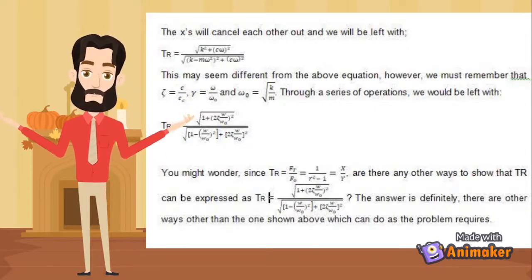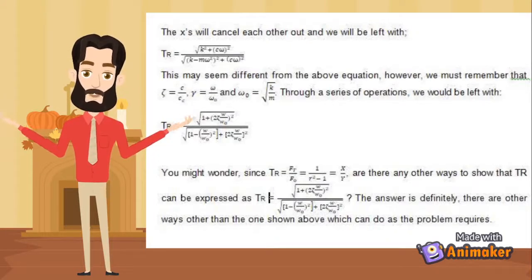However, we must remember that zeta is equal to c over c sub c, and gamma is equivalent to omega over omega naught, and omega naught is equivalent to the square root of k all over m. Through a series of operations, we would be left with the needed equation. Now, we have solved problem number 2.